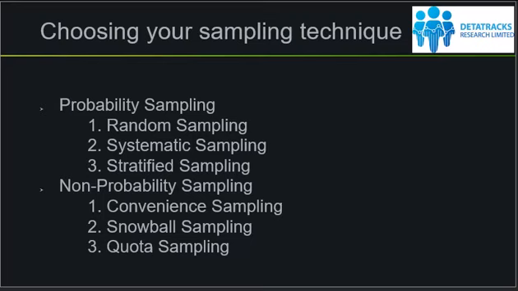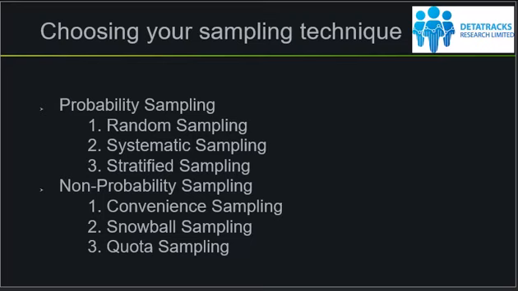Probability sampling provides the most valid or credible results because it reflects the characteristics of the population from which they were selected. There are three probability sampling methods. We have random sampling, systematic sampling, and also stratified sampling.